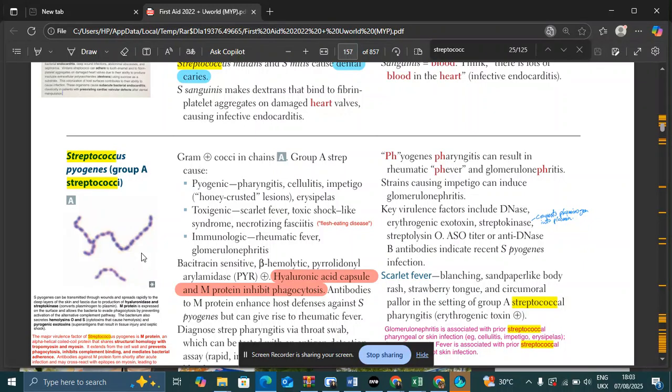Okay, so what is M protein? Basically, M protein is expressed by Streptococcus pyogenes, and it helps them prevent phagocytosis. It is their defense mechanism. Through M protein, they protect themselves. What happens is there is a sequence homology.